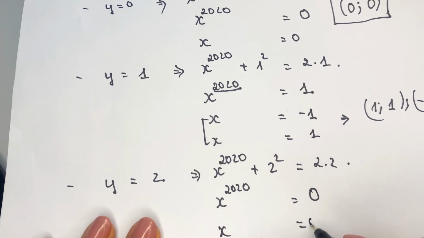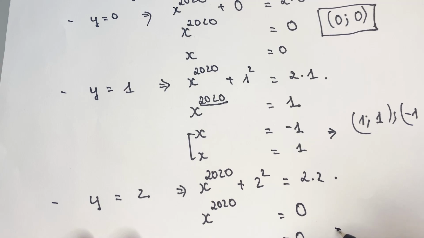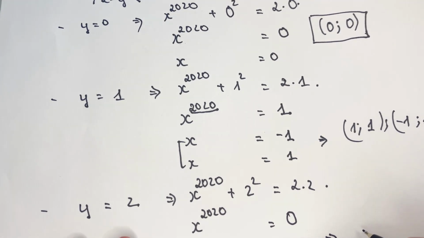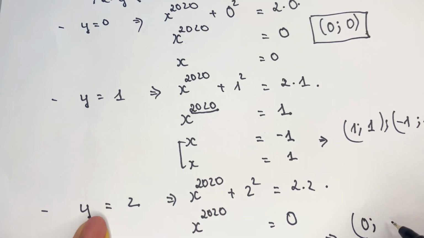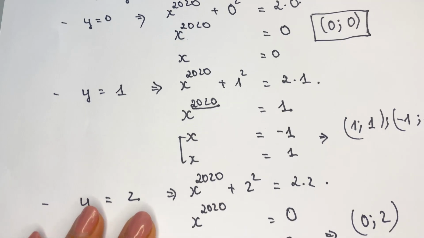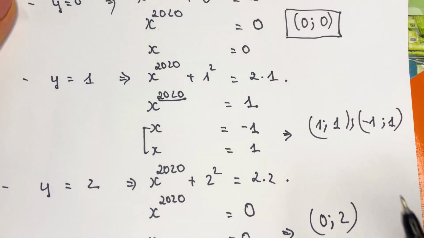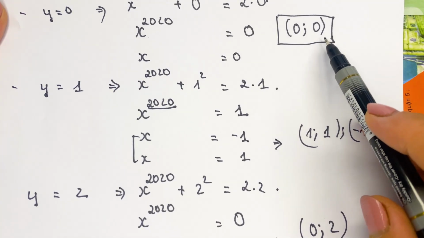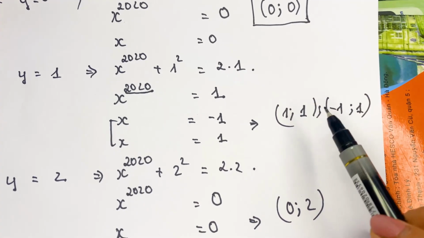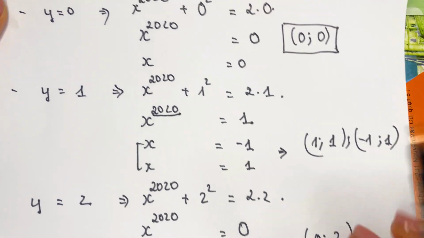Therefore x equals 0. So we have one more pair solution: x equals 0 and y equals 2. Yes? For the first way, we can find 4 pairs of x and y: 1, 2, 3, and 4.